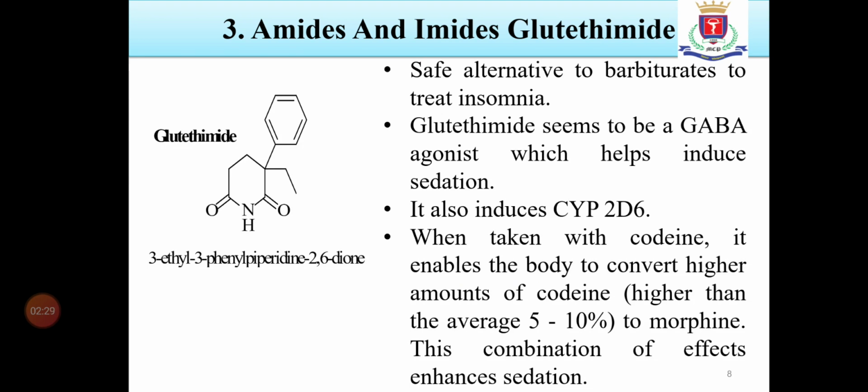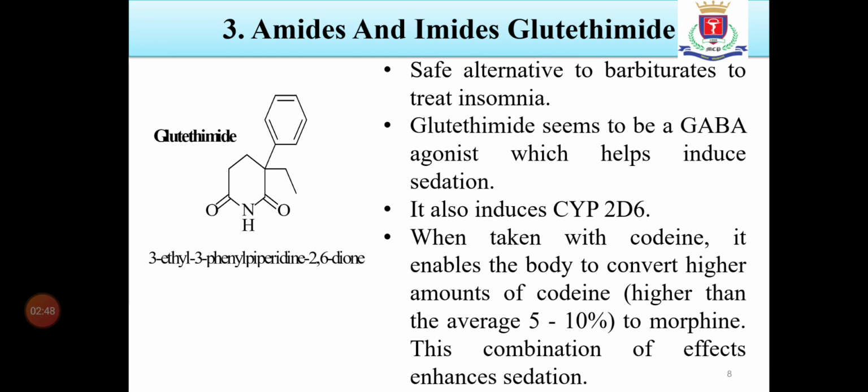The next class of sedative hypnotics is amides and their imide derivatives. The example is glutethimide. If you see the structure of glutethimide, it's 3-ethyl-3-phenylpiperidine-2,6-dione.